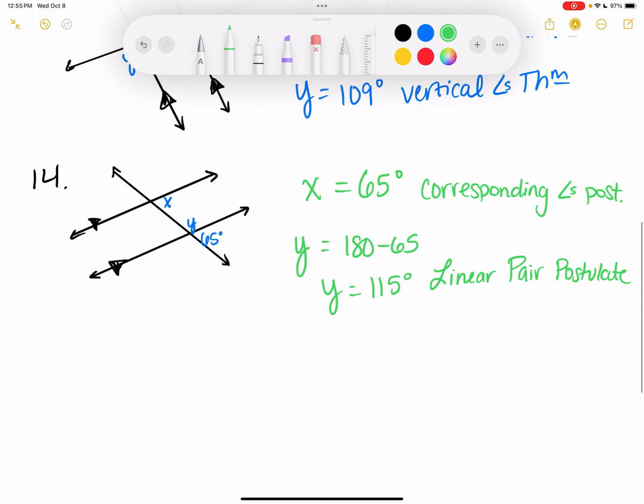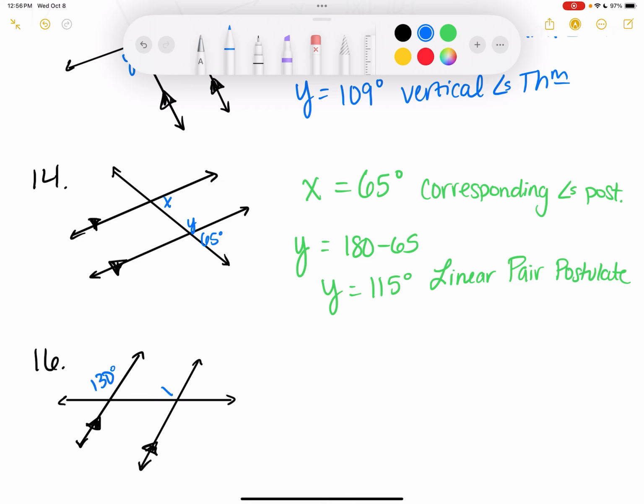All right, I want everybody to take a second and do this one on your own to make sure that we're getting it before we move on to the next thing. This is x, this is y.